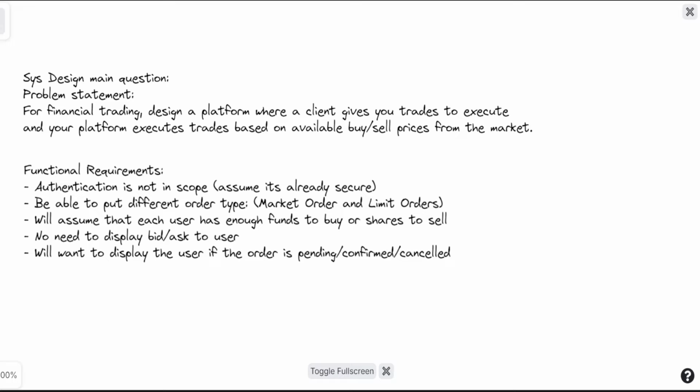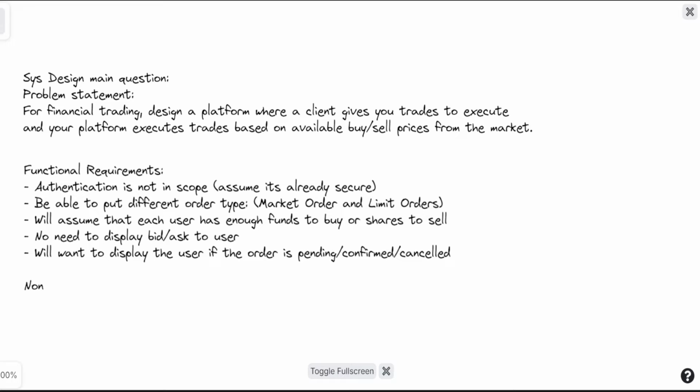From what you're saying, the user already knows what they're going to buy and sell. There is no such thing as searching for Tesla stocks and then buying it, because we're not even displaying the bid and ask to the user. Correct.